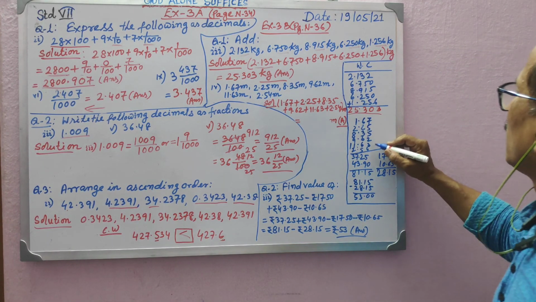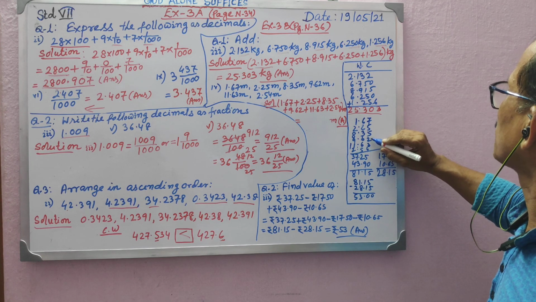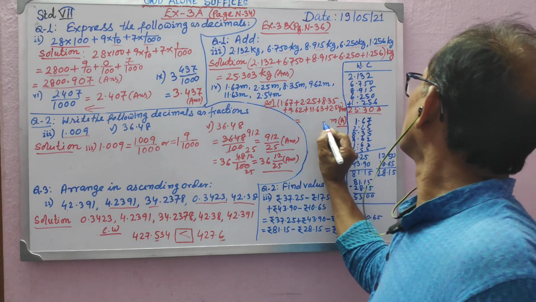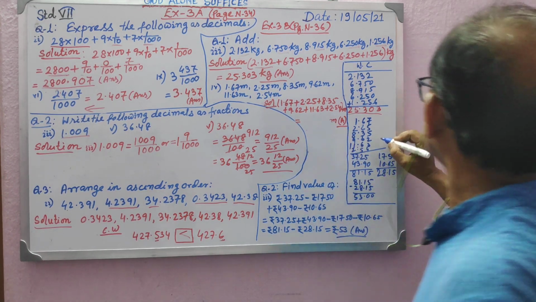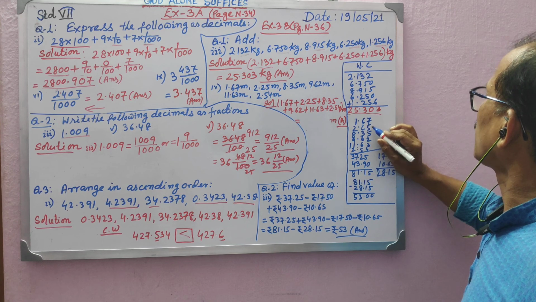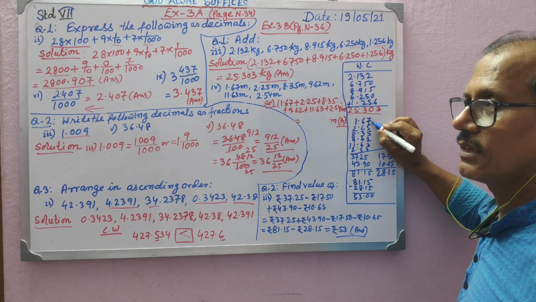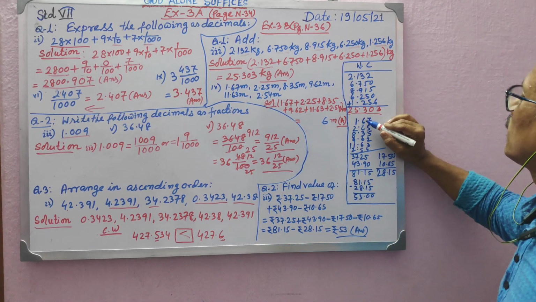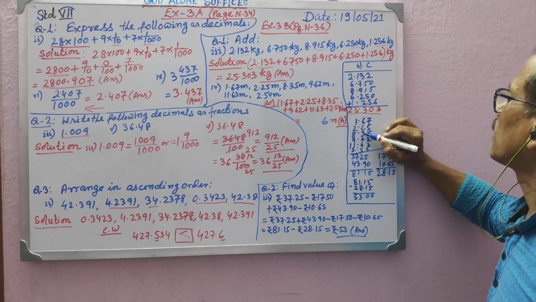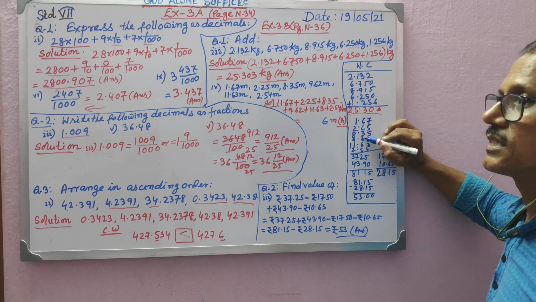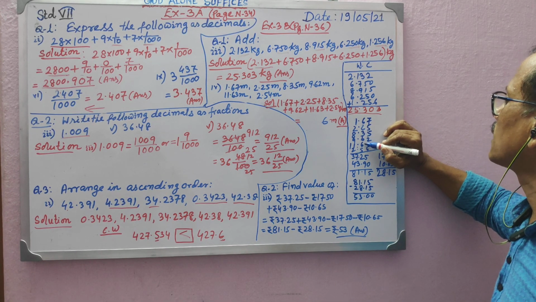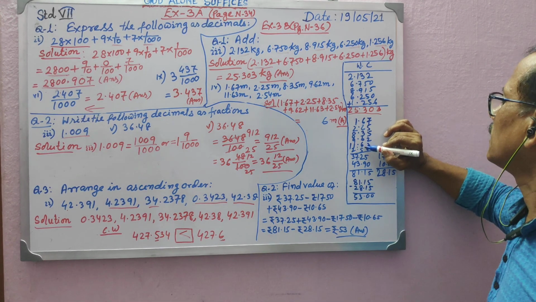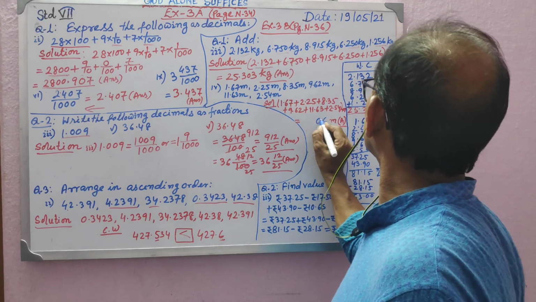Addition will be simple. If you add, say, 4 plus 3, 7 plus 2, 9, 9 plus 10, 19, 19 plus 7, 26. Okay? 2 carry over. 6 plus 2, 8 plus 2, 10, 10 plus 3, 13, 13 plus 6 is 19, 19 plus 11 is 30, 0. 3 carry over.